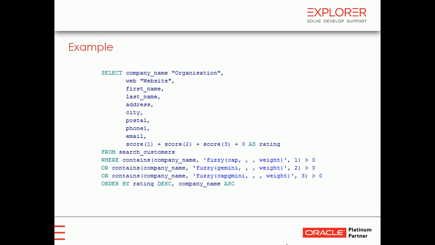If it's spelled correctly, Oracle Text gives it a much higher rating. But because it gradually relaxes the search and allows different fuzzy matching options, you get some fuzzy results back afterwards. Right, so let's take a look at our demo of this Oracle Text search in operation.